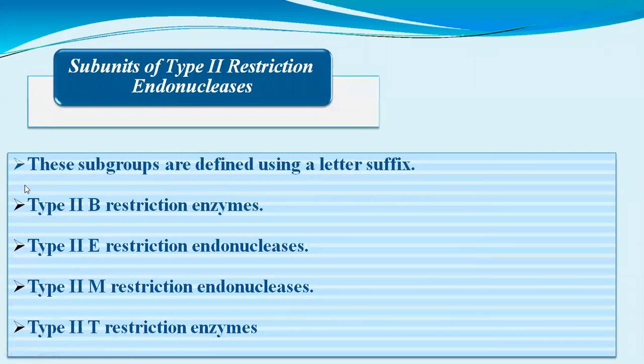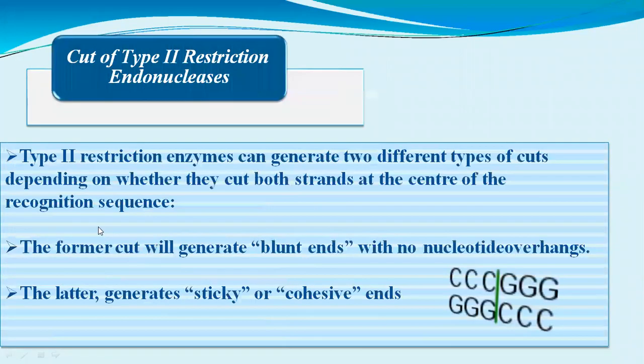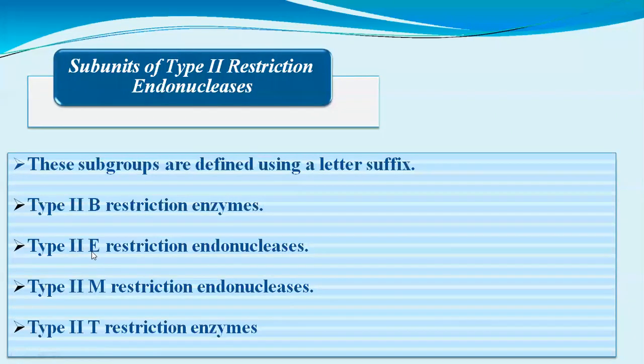Okay, so these are like types type 2 restriction enzymes के अंदर वाले types है ये. So they might be having specific differences between themselves according to which we can pick up a restriction enzyme, the type 2 restriction enzyme.